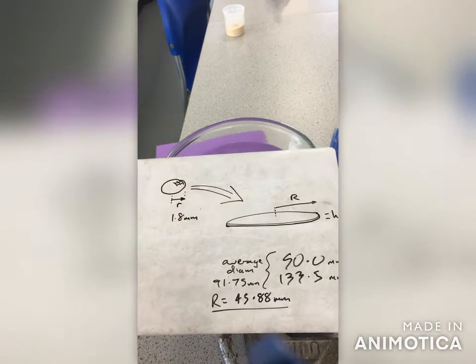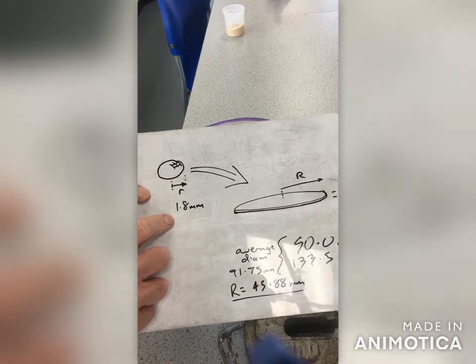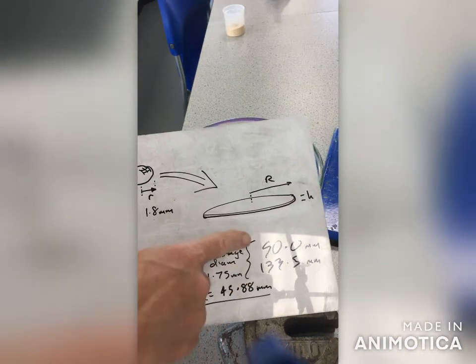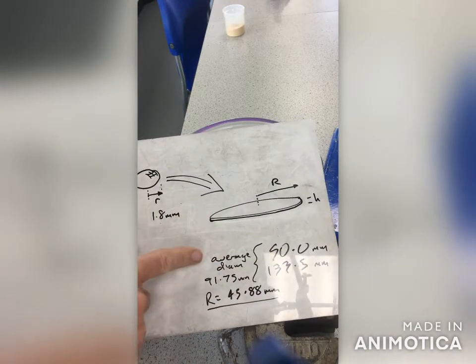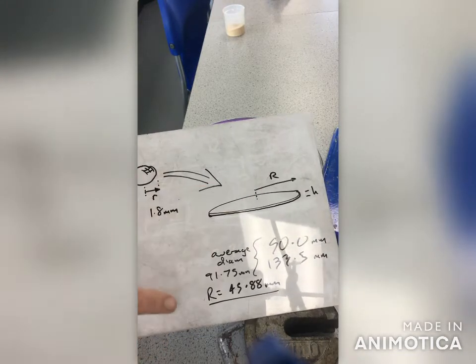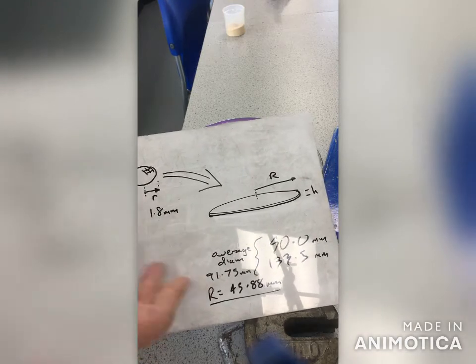So if we do the maths, we had a radius of droplet of 1.8 millimeters. It's gone to a flat disc. The disc wasn't circular, so I'm going to take the minimum and the maximum diameter and then average them, which gives me 91.7, which gives me an average radius of 45.88. We could round that up a bit, but let's stick with that for a second.